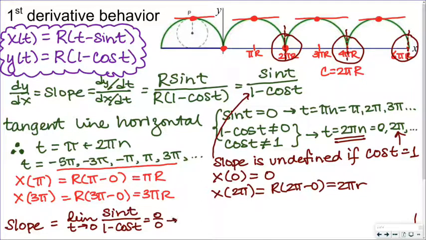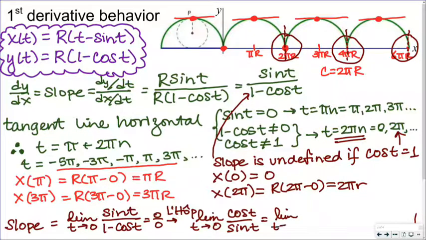So now I can apply L'Hopital's rule, because I have 0 over 0, and say that the limit as t approaches 0 of cosine t over sine t, well, that's the limit as t approaches 0 of cotangent of t.